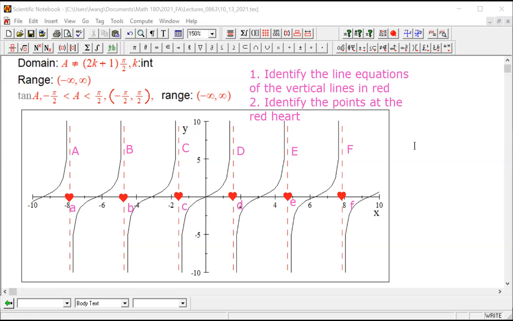Okay, but I do want to give you some assessment at this point. If you find it difficult to identify the line and the points, that's elementary algebra stuff.